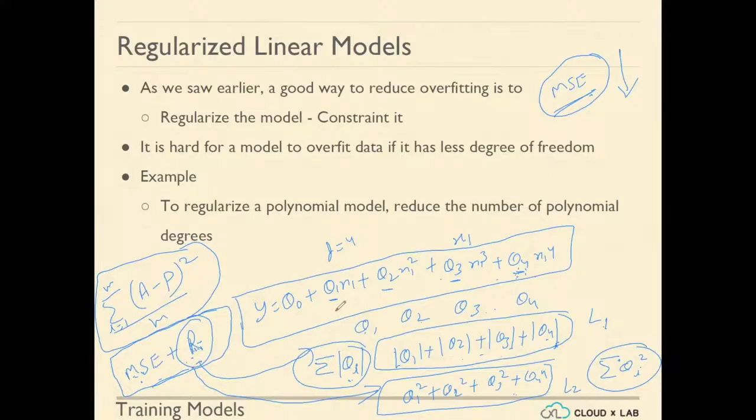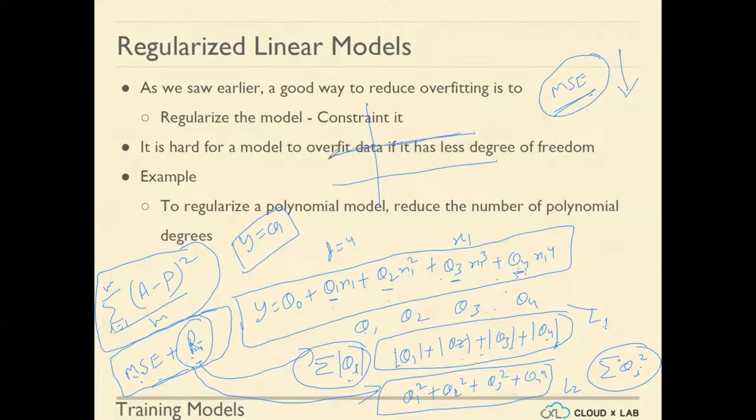So if all theta values are 0, then will we have high MSE error or low MSE error? Suppose my data has a non-linear pattern, and all thetas are 0, then we end up getting y equal to theta 1, which is nothing but a line parallel to the x-axis.